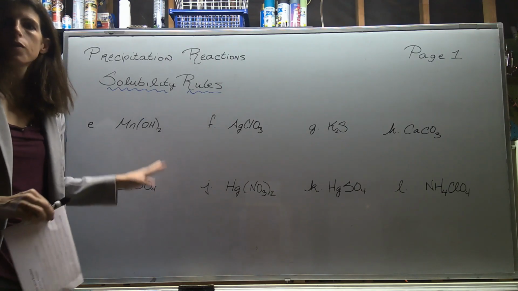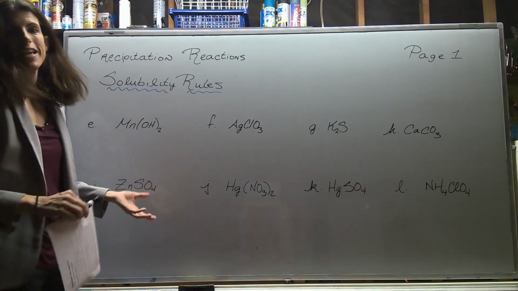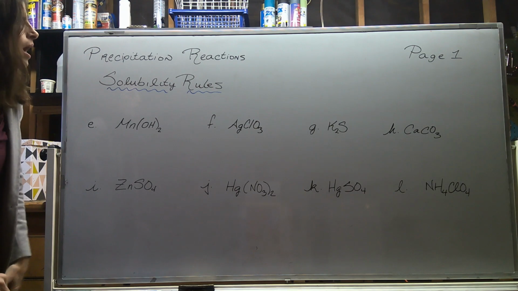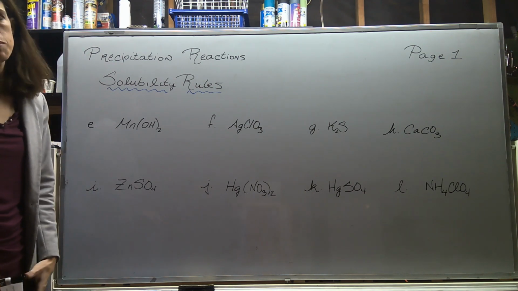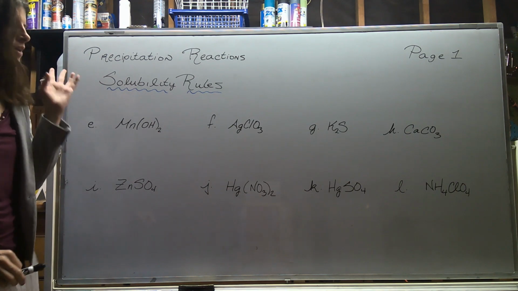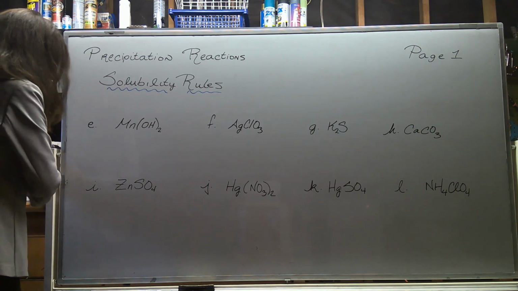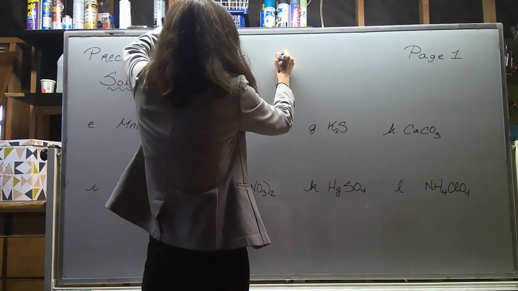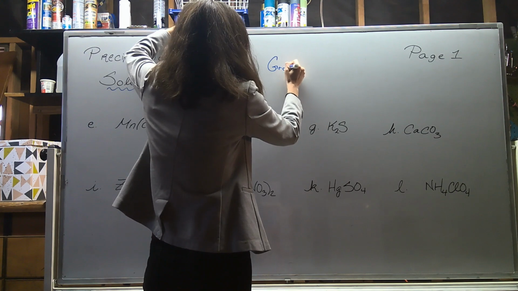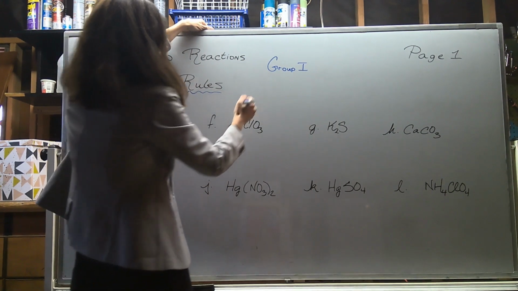Alrighty, so hopefully you attempted all of these problems and you have some preliminary answers written down. As I was mentioning before, as a student, I found memorizing these rules to be really difficult. I don't have the best memory, but a couple of them really stuck with me. Anybody that has a group 1 ion is always soluble.